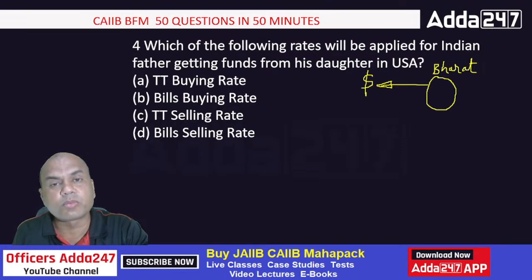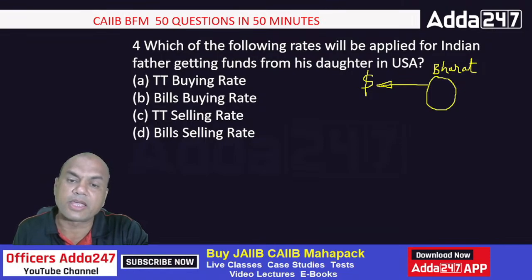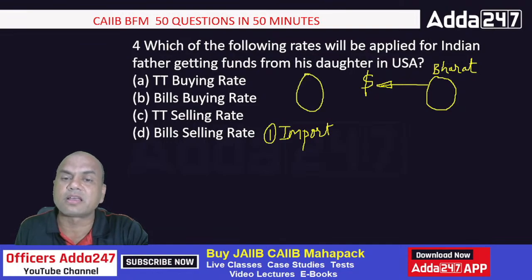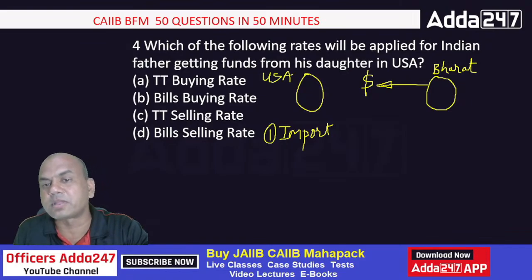If I import something, I'll have to pay that person in USA. Suppose I'm buying something from USA, so this supplier will supply me goods, but I'll have to pay him dollars.